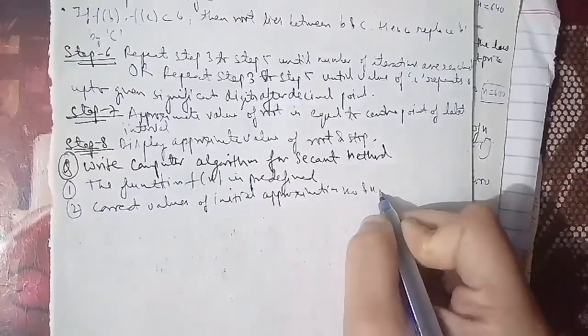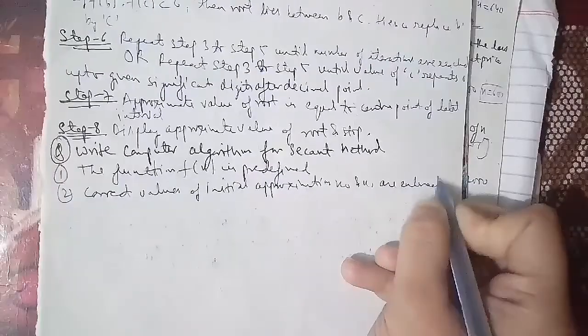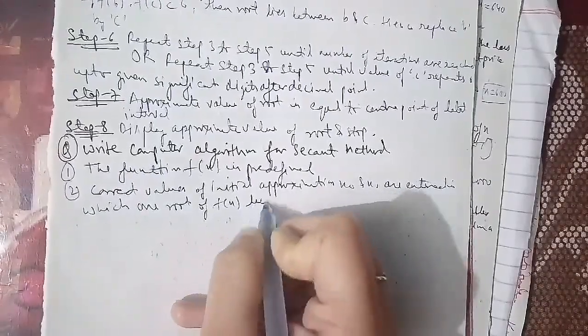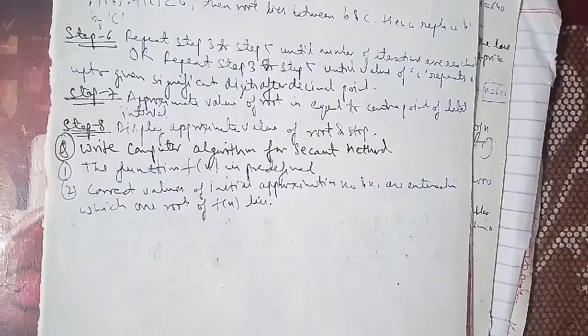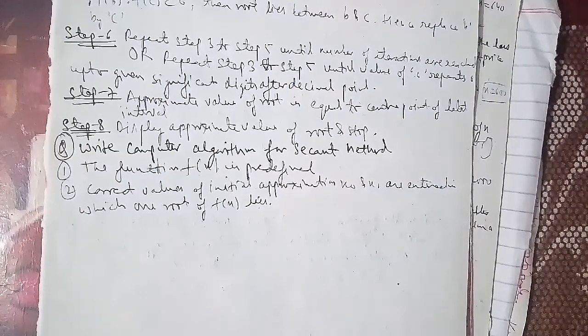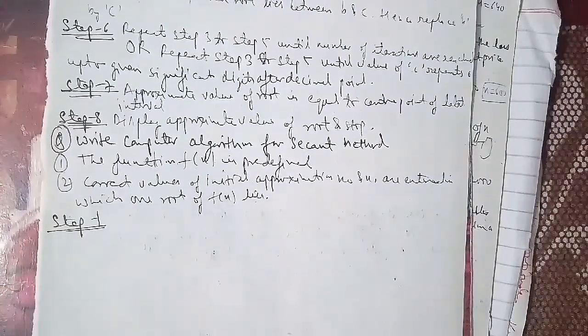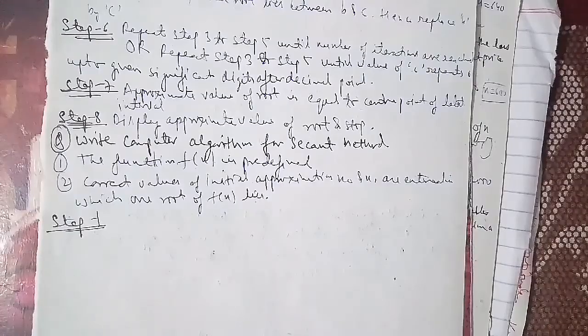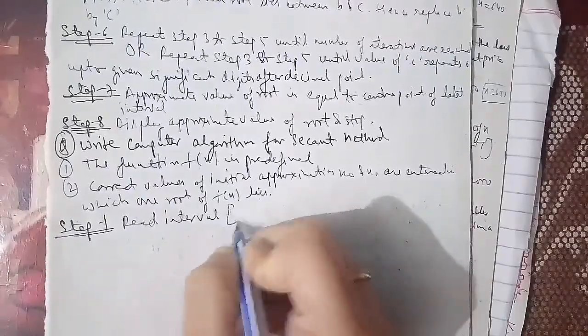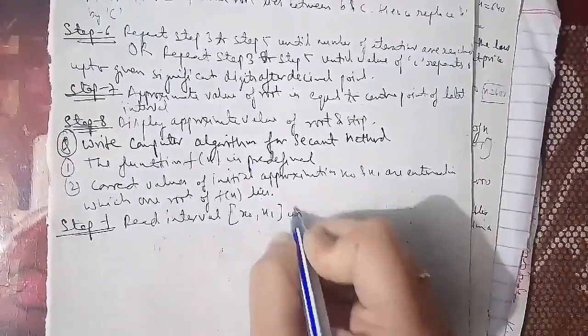So for step 1, read intervals x0, x1 in which root of f(x) lies, and read number of iterations to be performed.